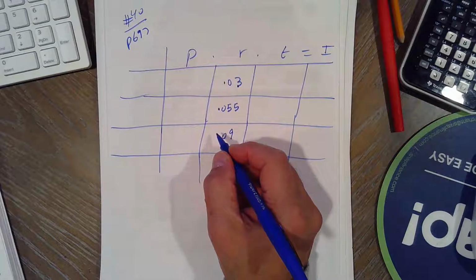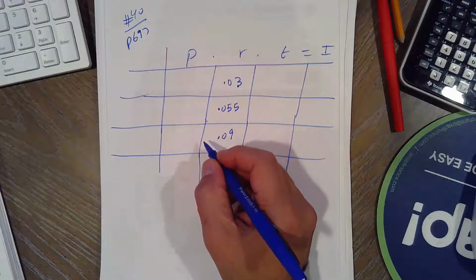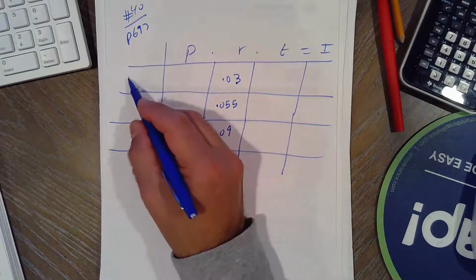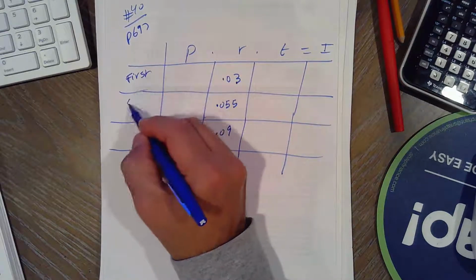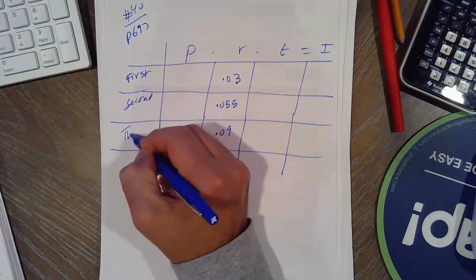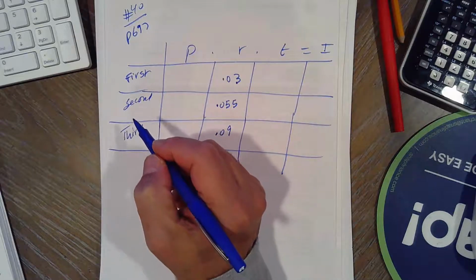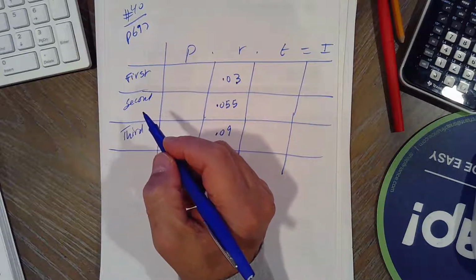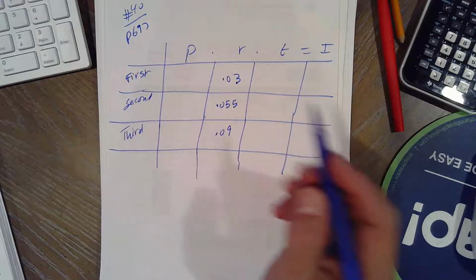Cindy wants to put twice as much in the lowest yielding, least risky account as the highest yielding account. So let's call them first account, second account, and third. How much should she invest in each account to achieve a total annual return of 2540?